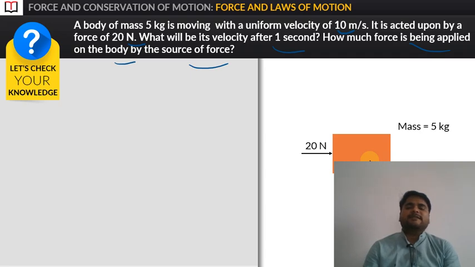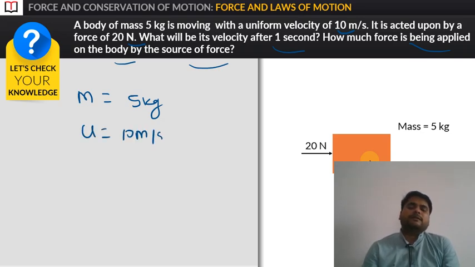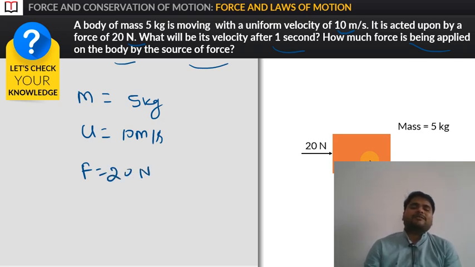Here the mass of the body is 5 kg, the initial velocity is 10 meter per second, and the applied force is 20 Newton. What will its velocity be after 1 second?